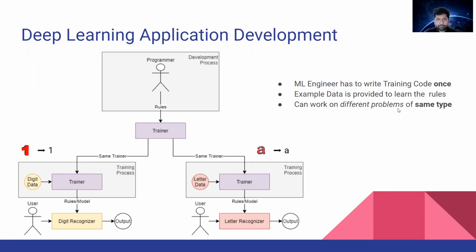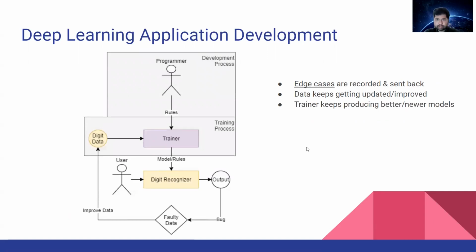Another key advantage of this type of application concerns edge cases. For example, if you have built an application that does digit recognition, but it fails sometimes, you build a fault system which takes the failed cases and gives them back to you.